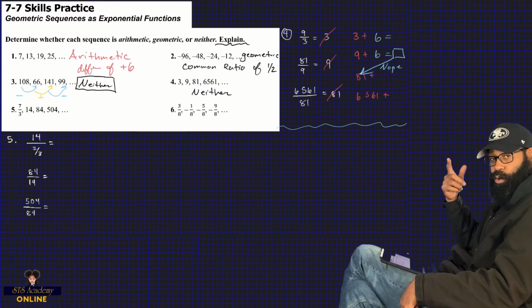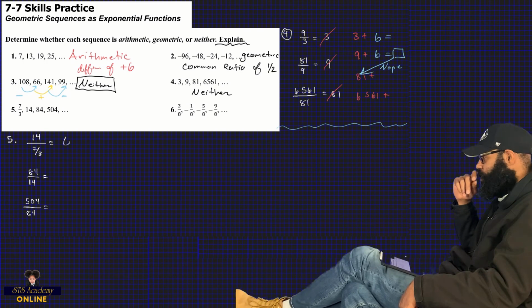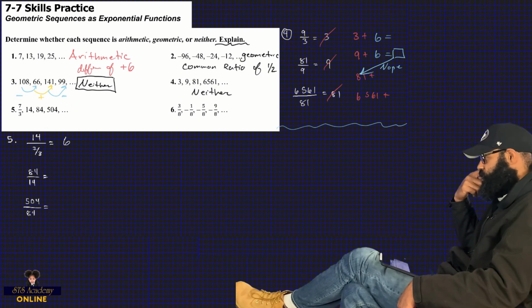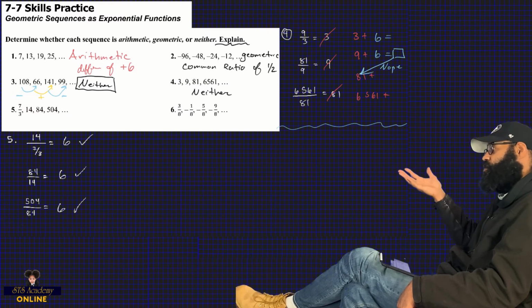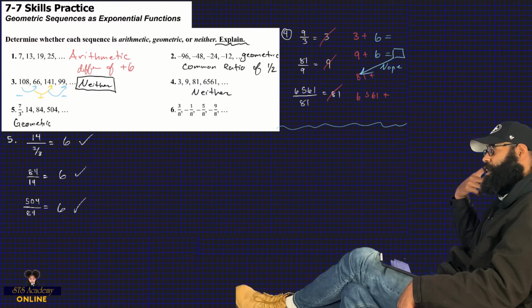Meaning, will they all equal the same thing? A little fun here, right? Get 6, and you get 6 again. And of course, that one, I'm sure you know you're gonna get 6 again. So they check, I'm okay saying this is geometric, and with a common ratio of, you got it, 6.